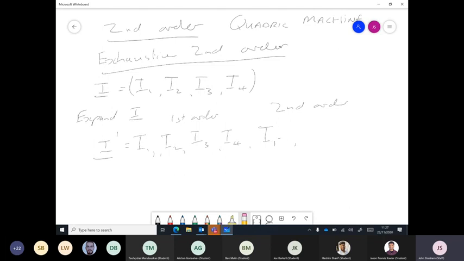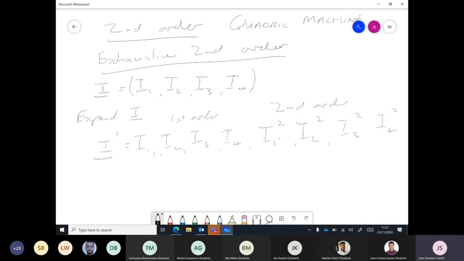I1 squared, I2 squared, I3 squared, and I4 squared. So we've got now 4 more terms, which are the squares of the input elements.